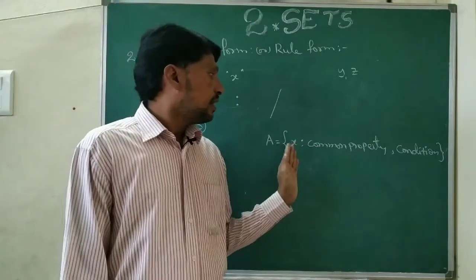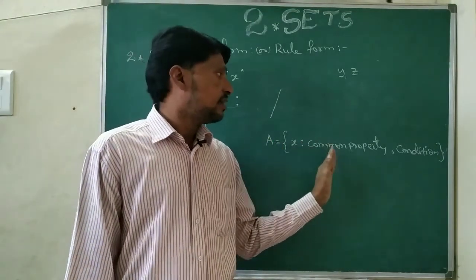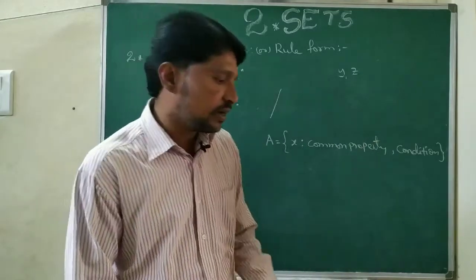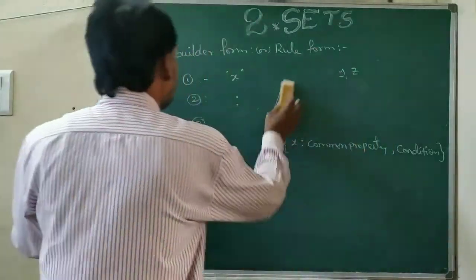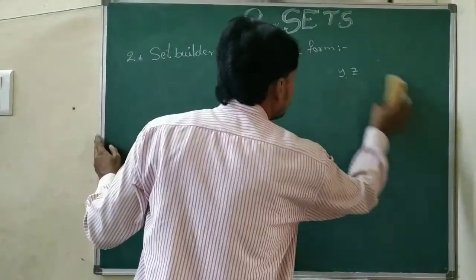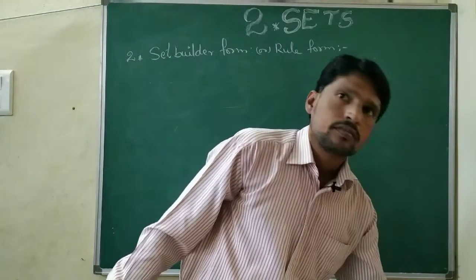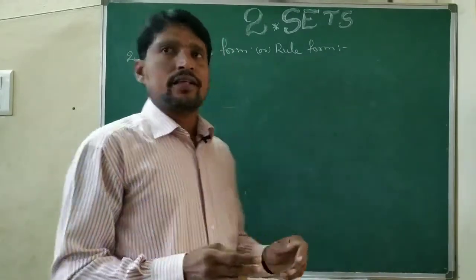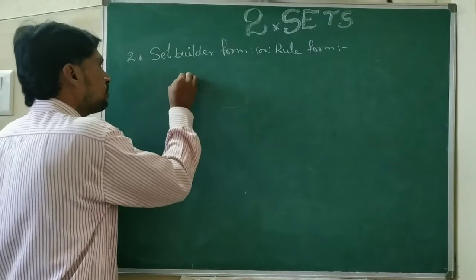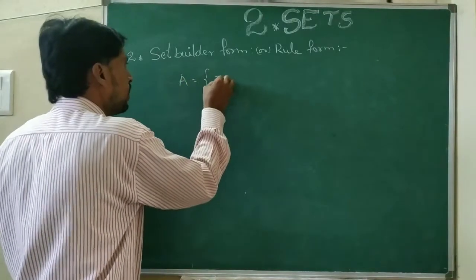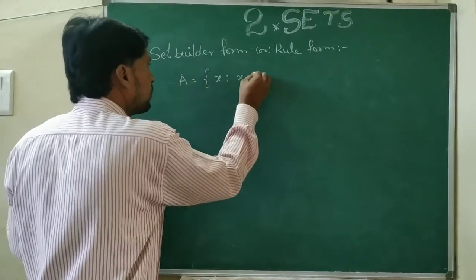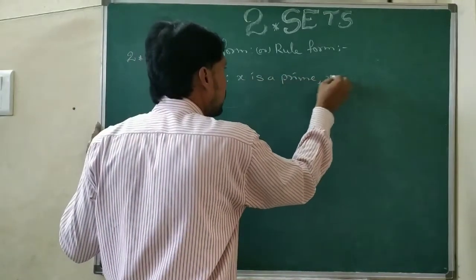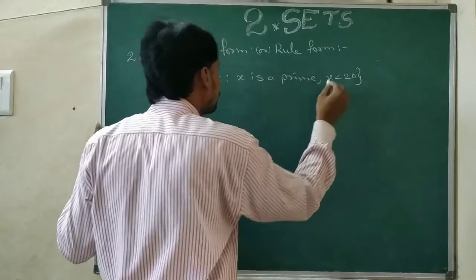So here A equals x such that common property we should write. Then the condition also sometimes occurs. See one example. A equals x such that x is a prime, comma, x less than 20.